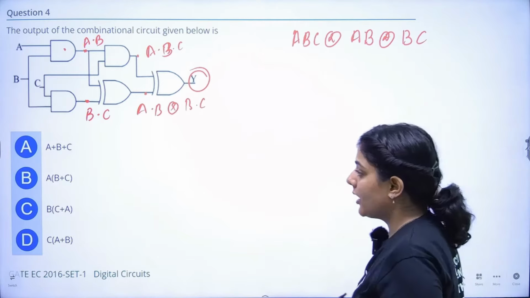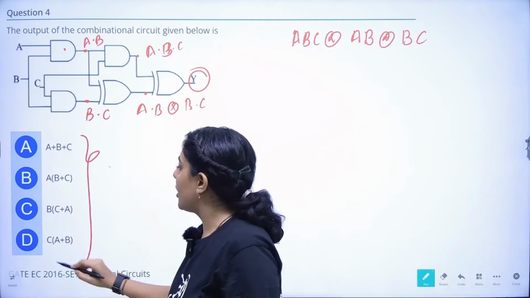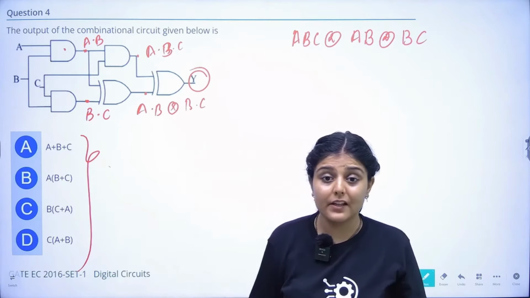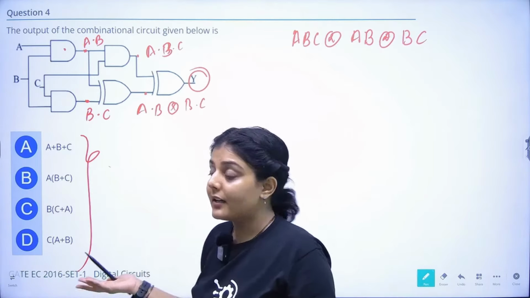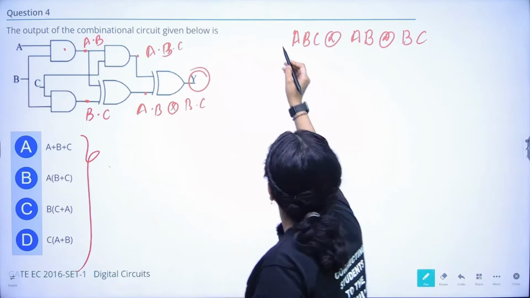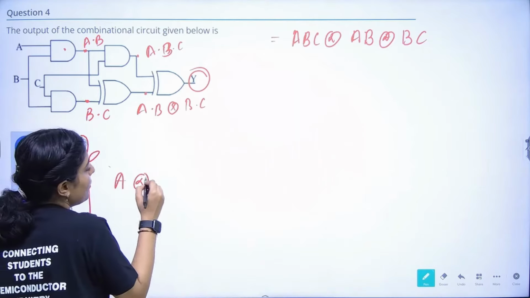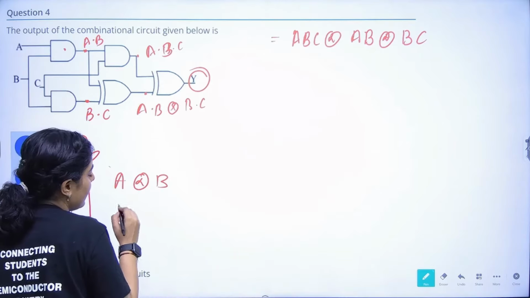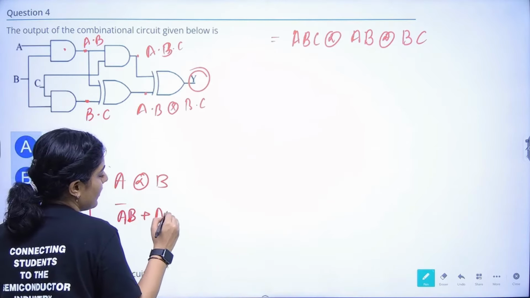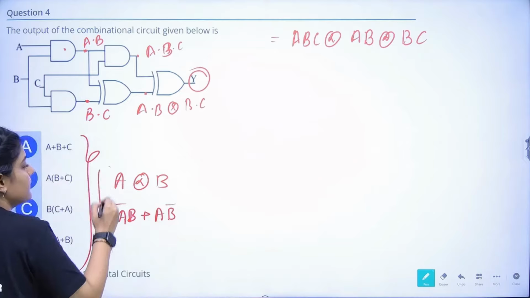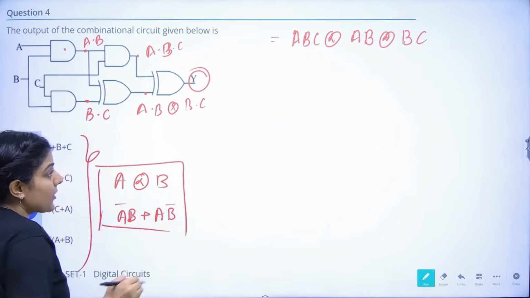Now we have to simplify this, because this is the simplest conversion. Let's just start solving. So how do we write out the XOR expression? As I have told you, A XOR B we can write like this. This is how we expand the XOR.